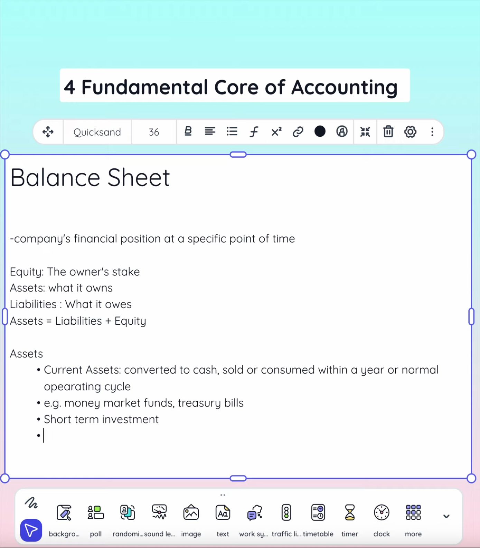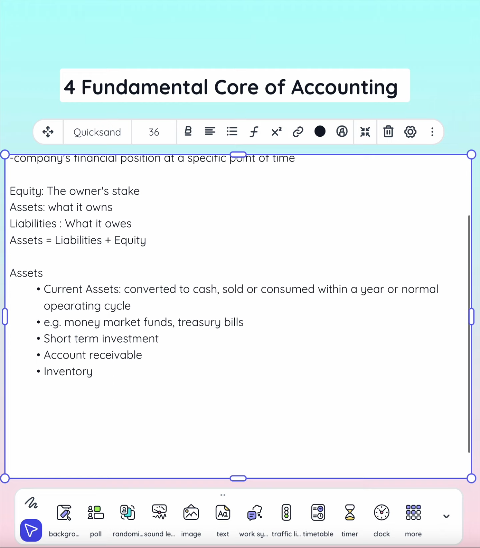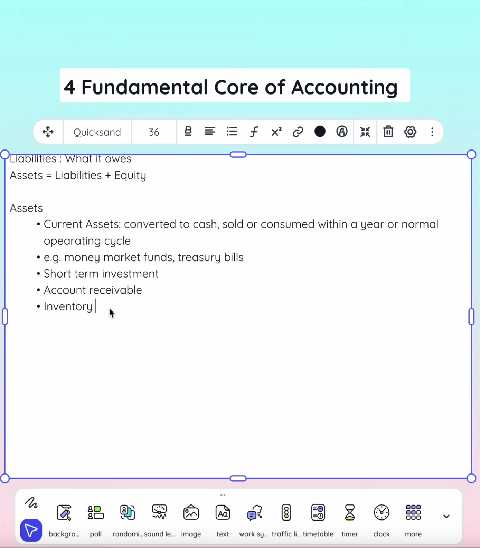Then you have accounts receivable, which is money owed to the company by customers for goods or services already delivered. Then you have inventory, goods held for sale to customers or raw materials used in production.